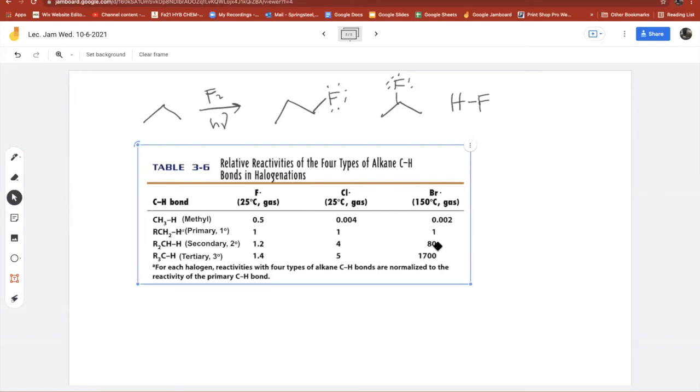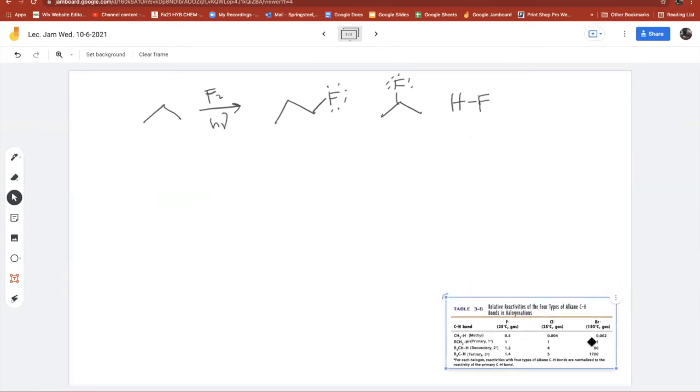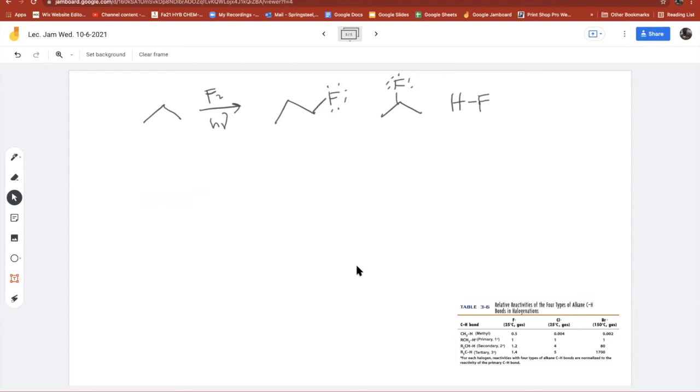Chlorine 4 times faster, but bromine is very selective, 80 times faster. And then tertiary: fluorine reacts 1.4 times faster, just a little bit faster. Chlorine 5, not much of a difference. Bromine's big, 1,700 times faster. Okay, so let's use that to predict our product ratios and predicted percent yields.